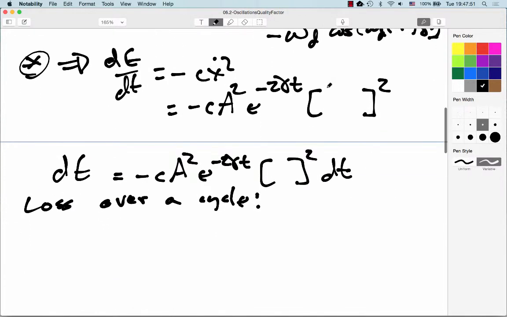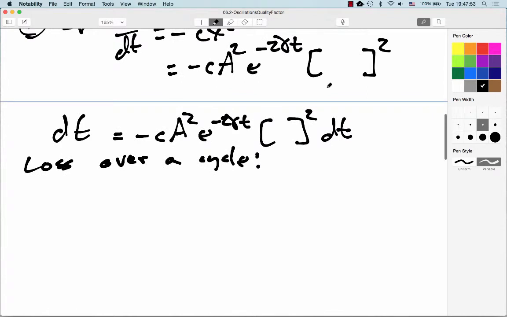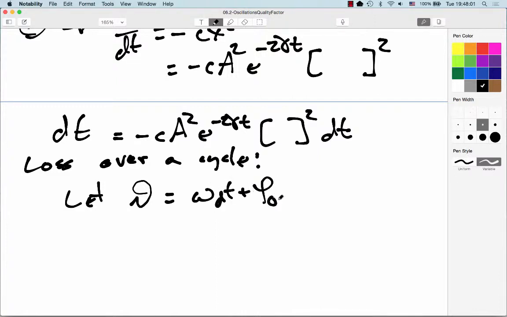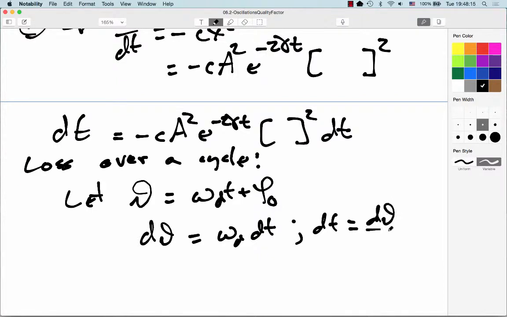So let's do a change of variables here. We'll let theta equal the phase, omega_d t plus phi naught. Yeah, I know I used theta for something else earlier, but then we made it go away. And so d theta would be equal to omega_d dt. So dt is equal to d theta over omega_d.